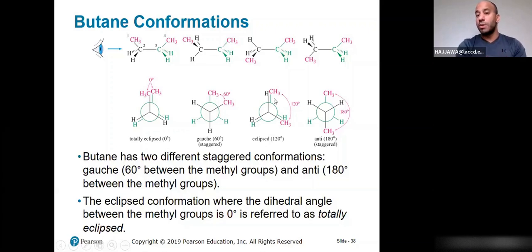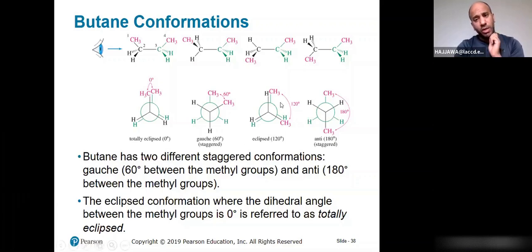So this eclipsed will be more stable than the total eclipsed, but both eclipsed will be less stable than any staggered, whether it's a gauche staggered or what we're going to see next, which is the anti-staggered.